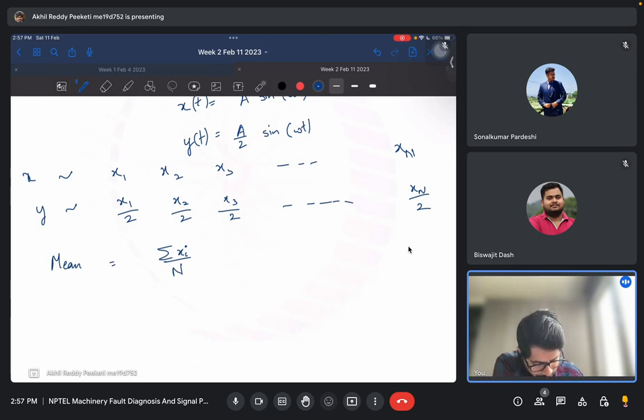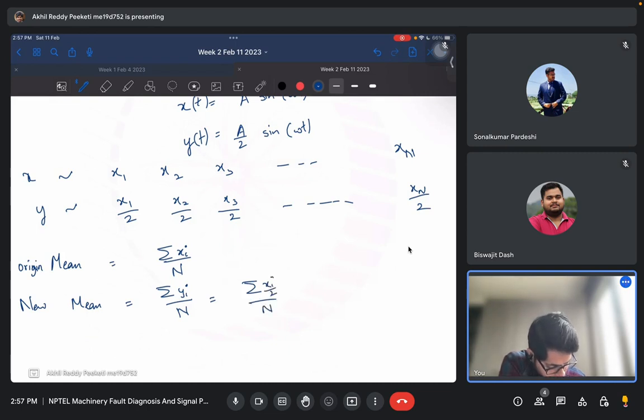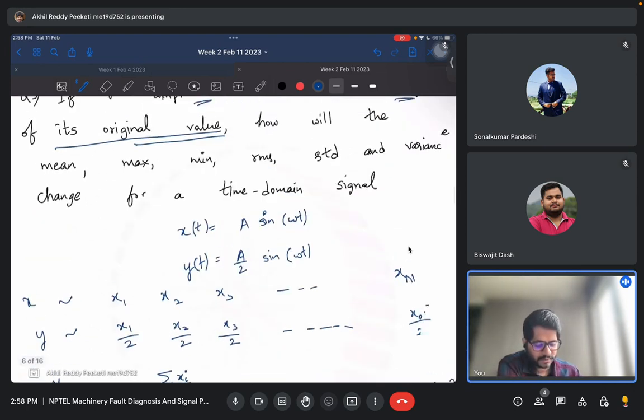For the new system, sigma yi by n, but yi became xi by 2. So 1 by 2 into sigma xi by n, which is 1 by 2 into the original mean. So the mean becomes half of the original value.